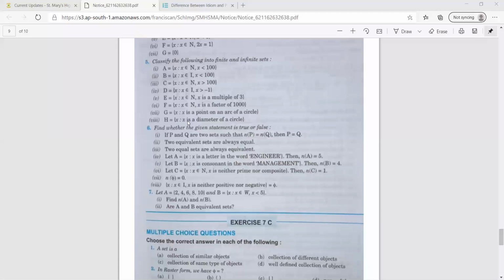Similarly, next one, x is a diameter of a circle. Diameter, what is a diameter? So whenever there is a full circle, if you draw any line from one end of the circle to the other end, passing through the center, that line is called a diameter. Okay, so you can draw many diameters in a circle.